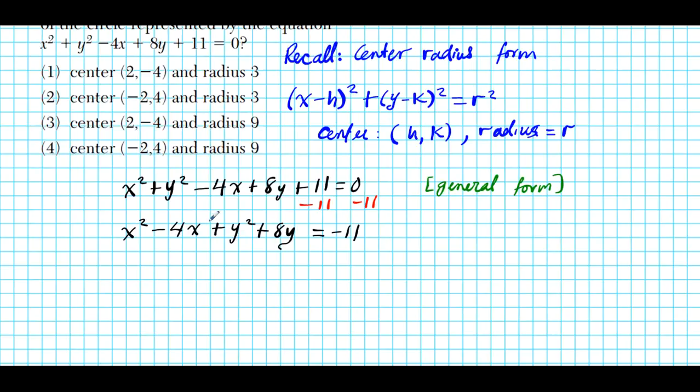Now to help us keep them separate visually, let's place a partition down the center. We're going to have x squared minus 4x plus a certain term that makes the x component of the left side of the equation a perfect square trinomial. And then for the y area, y squared plus 8y, we're going to add another number that will make this a perfect square trinomial.